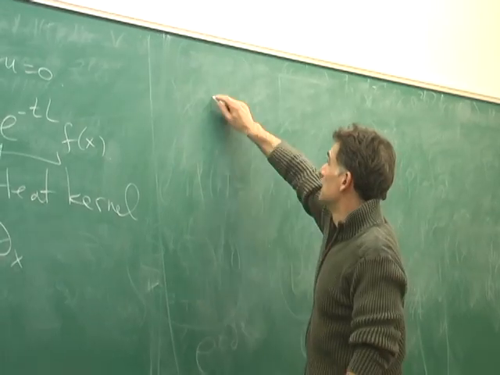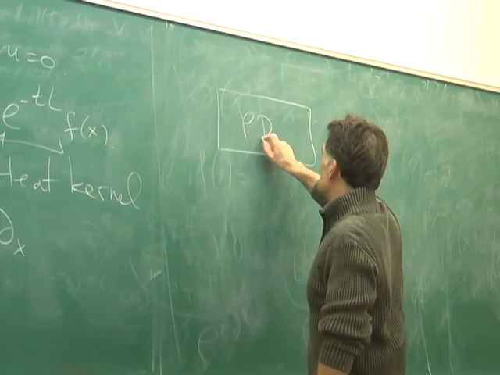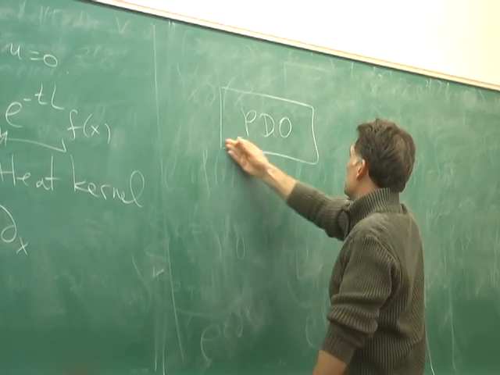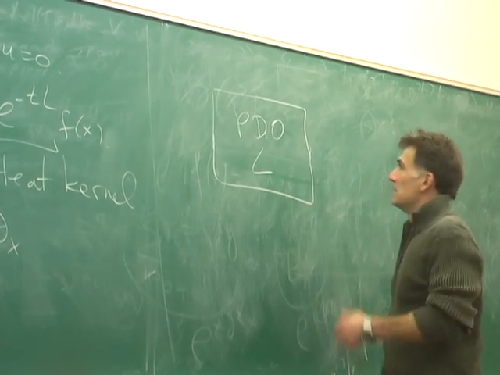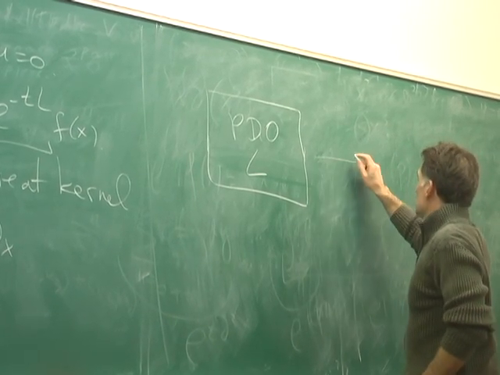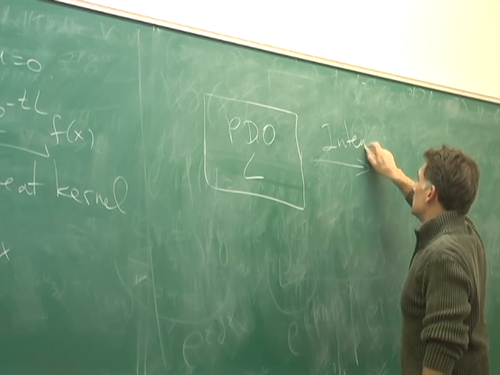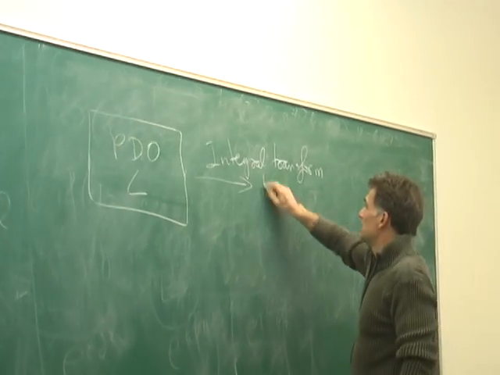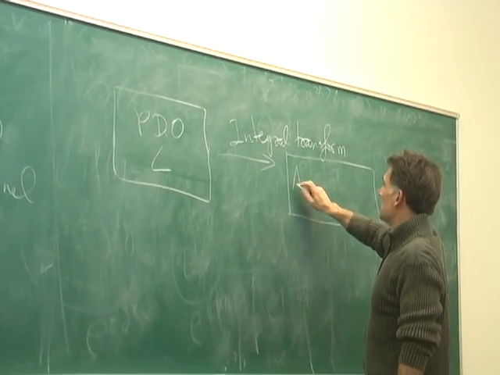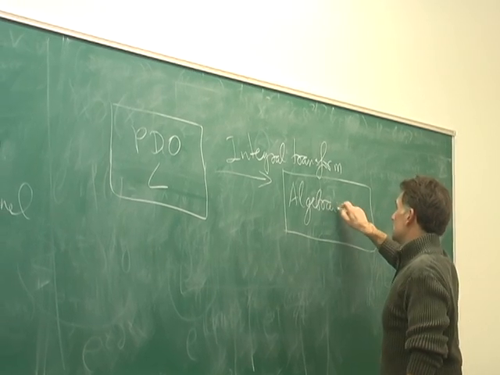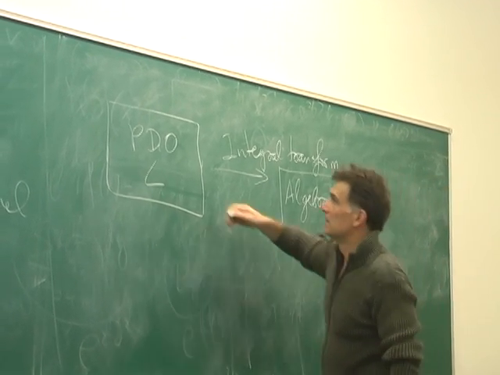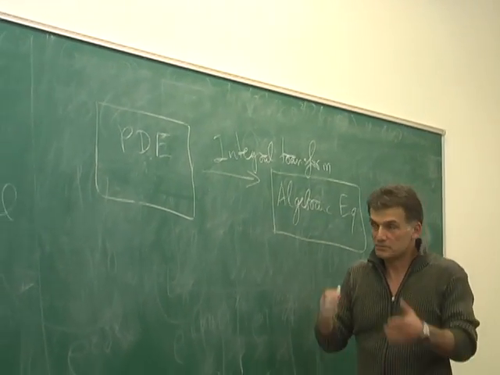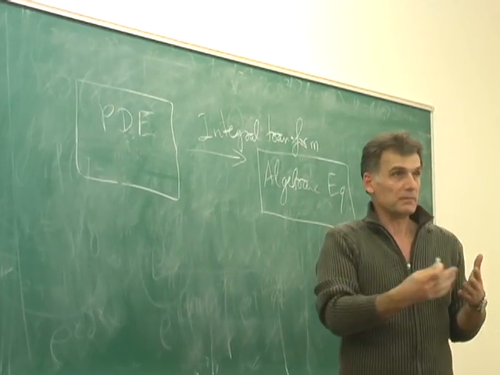The idea is that you have a PDE, right? Well, say of that form. You have an operator, say partial differential operator, L. And then you do an integral transform. Here you have the partial differential equation, and here you get an algebraic equation, because differential operators are replaced by multiplication operators.